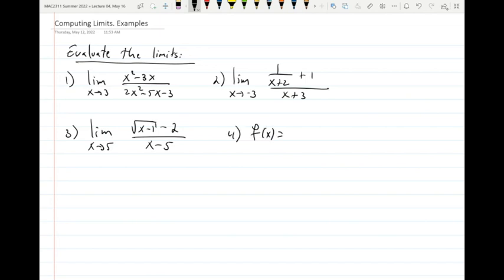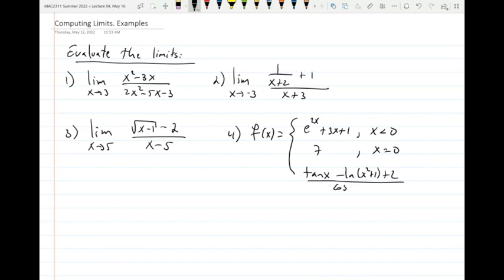We have the function f of x. Let's do it piecewise. And then let's find the limit as x approaches 0.